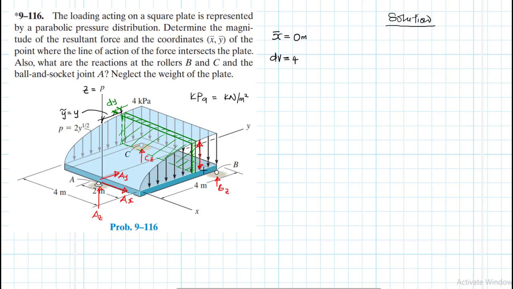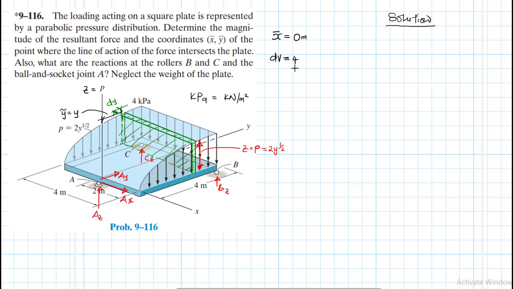This height is being governed by the function z, which is equal to p, which is equal to the function itself, 2y to the power half. Great. So we have all the geometric properties for this small slice.